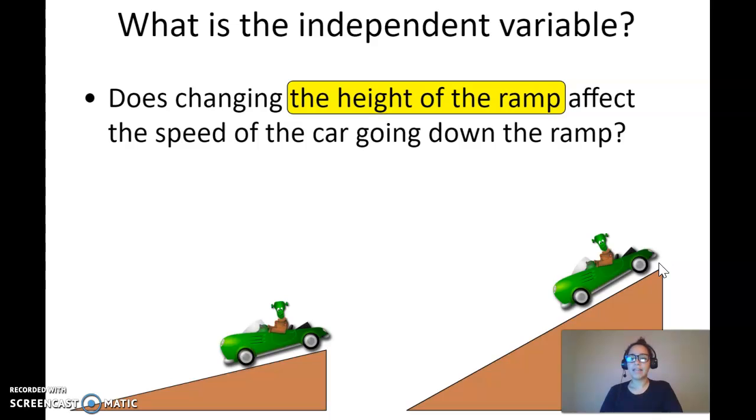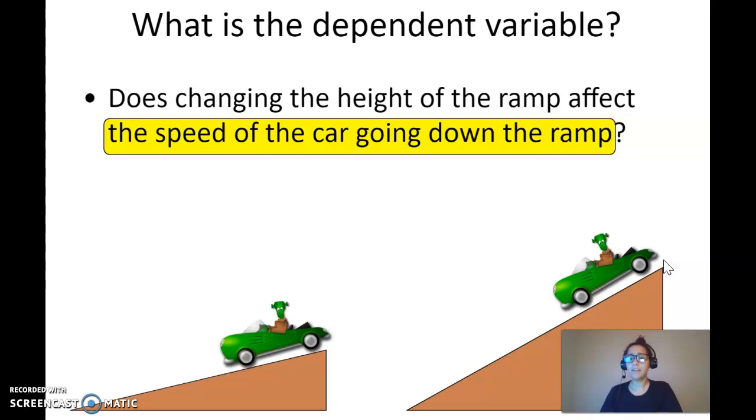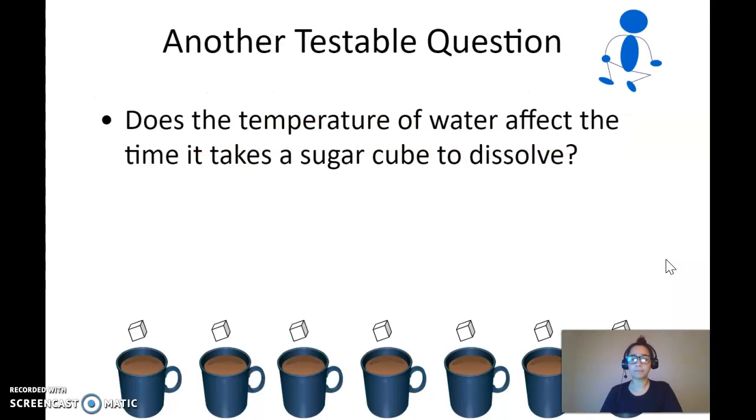So here, the independent variable comes first because we are changing the height of the ramp. And then our dependent variable comes second, and we are measuring how fast the car will go down the ramp based on the height that we changed.